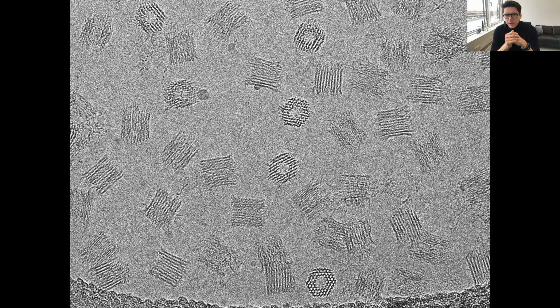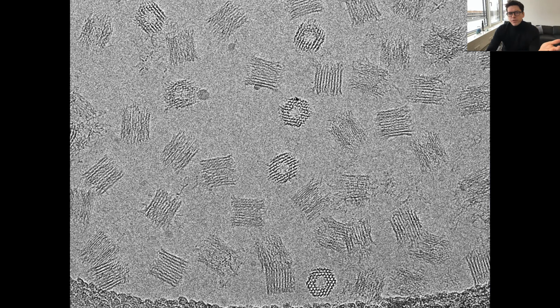The fact that the water is amorphous is very important, because then you can still look through the samples in an electron microscope. If the water were crystalline, it would just diffract and you wouldn't see anything.